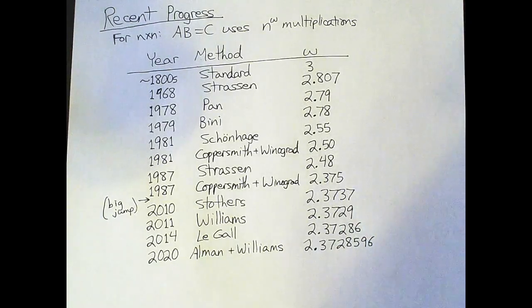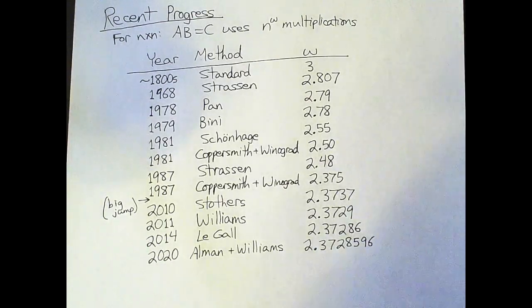I've heard the method by Alman and Williams referred to as a galactic algorithm, the idea being that it is only practical for astronomically large problems, and those are not the kinds of problems that we deal with on a day-to-day basis. So it's probably not going to be used for actual problems. However, it is still very interesting from a theoretical standpoint, even the ones that might not be as practical.